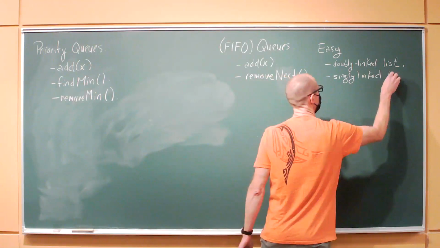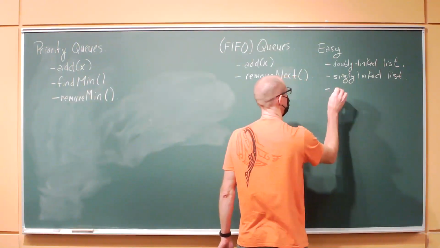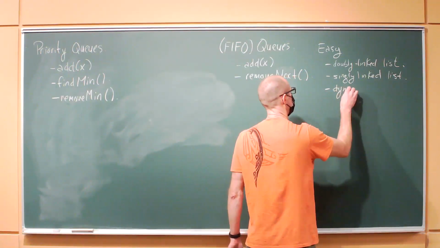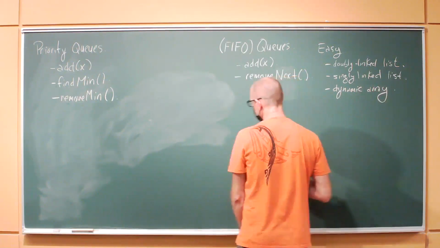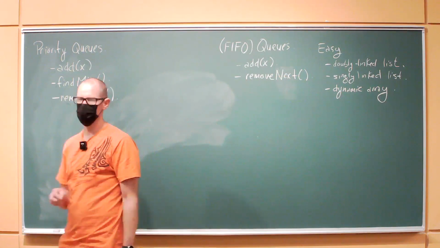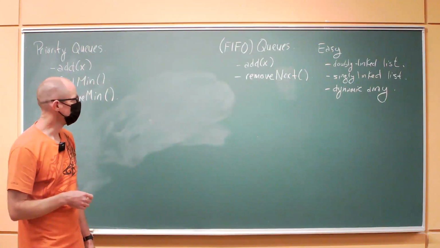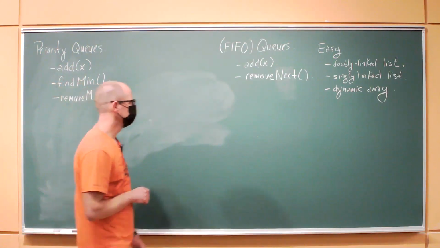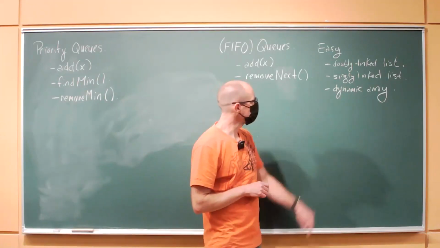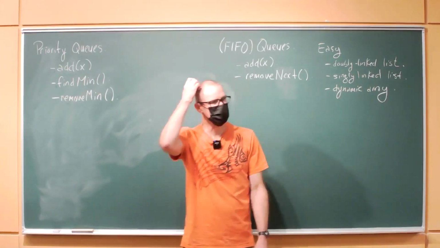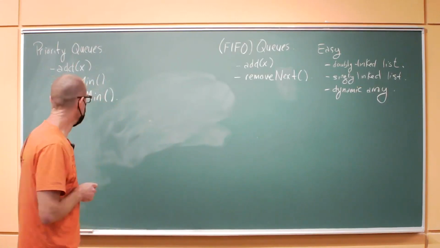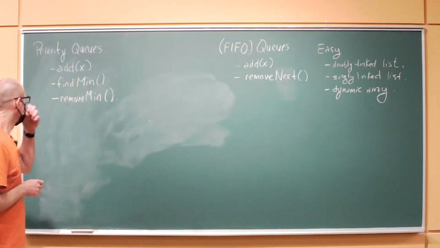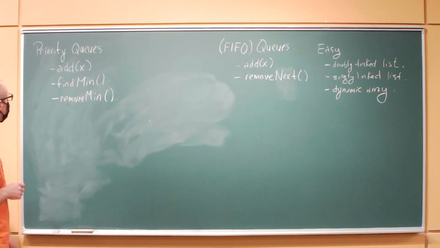And you can also use a dynamic array, so an array that grows and shrinks when necessary, along with a few possible tricks. Modular arithmetic is probably the most common one for implementing a queue. I'm sure you've seen implementations of these before.